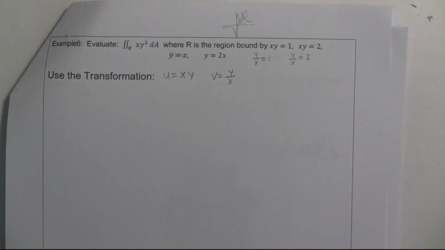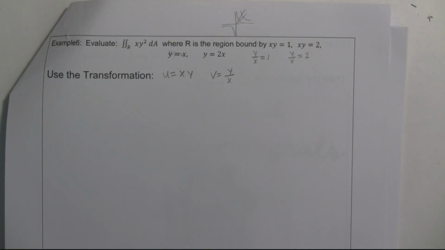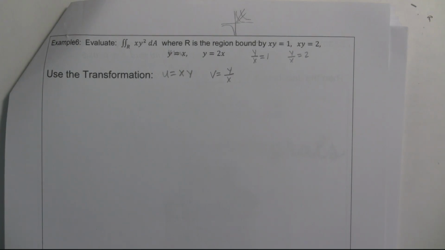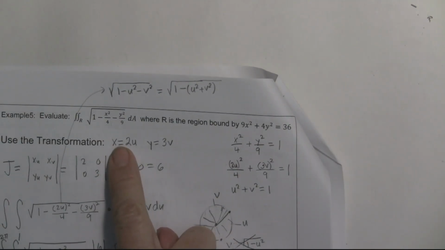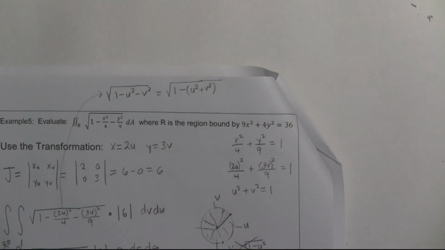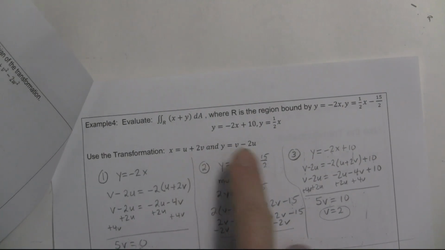The only way that I'd seen the problems done so far was by having it solved for x and solving it for y, right? That's how when they gave me the transformations here, x equals blah blah, y equals blah blah, and right here x equals blah blah and y equals blah blah.